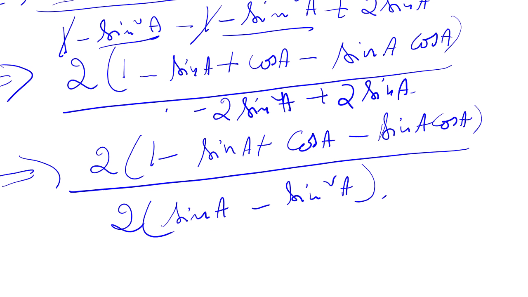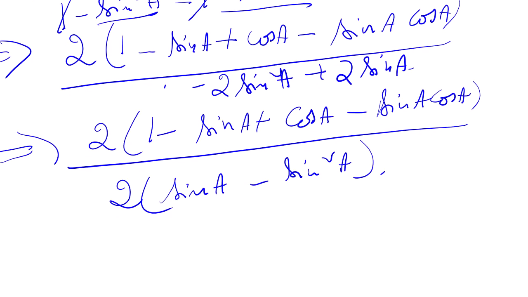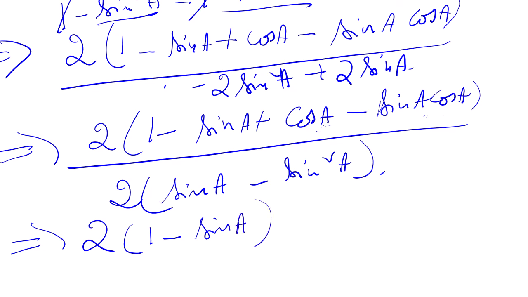Okay. So now minus sin A cos A, sin A plus cos A. So now here I can take out cos A common from these two. So this will become 2 into 1 minus sin A, okay, 2 is there.